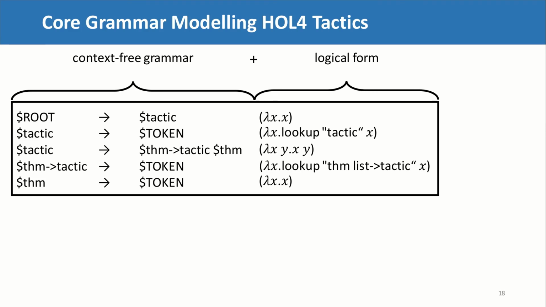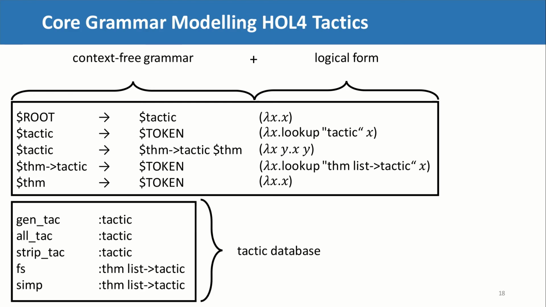As an example of how this works, in the center, the second rule from the top is our rule for parsing a tactic just as a plain so-called token, which means that we look up a tactic with that name or the token that was recognized from the grammar from Lassie's tactic database.